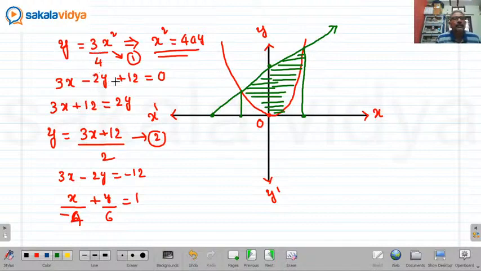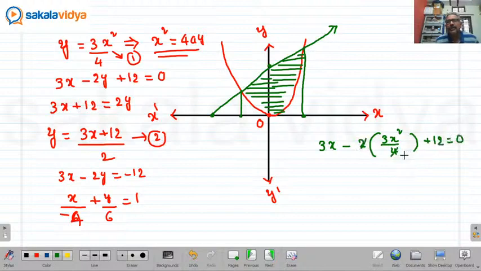In place of y, substitute 3x square by 4. So we get 3x minus 2 times 3x square upon 4, plus 12 is equal to 0.